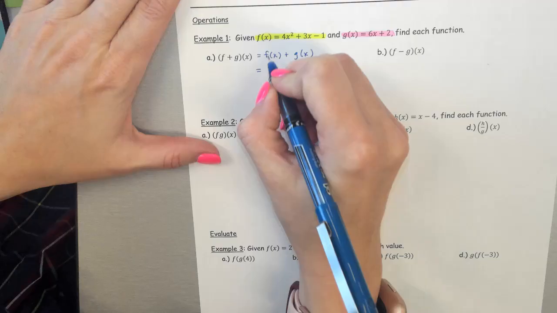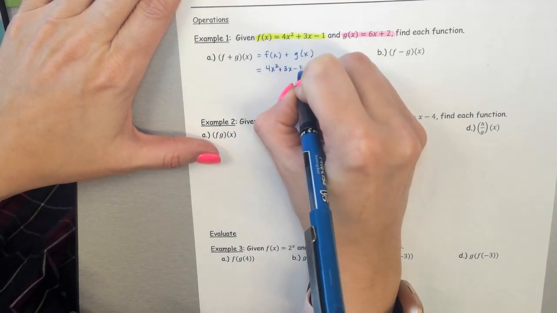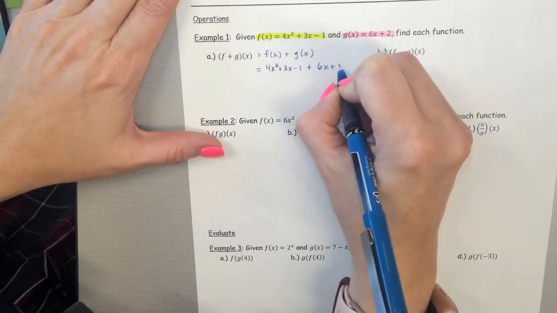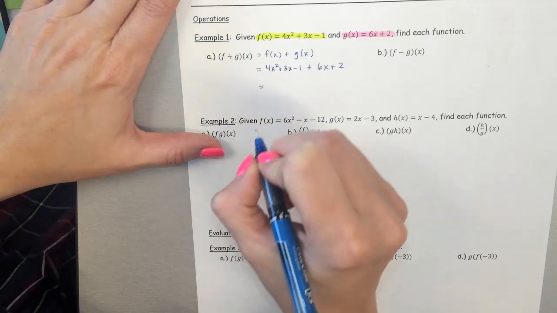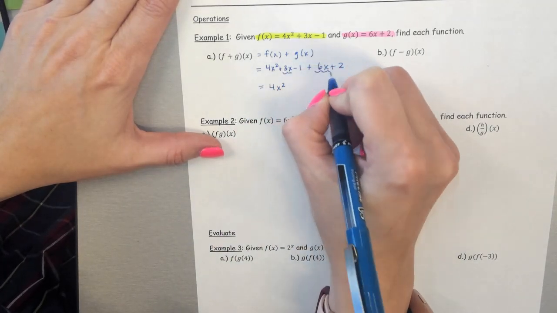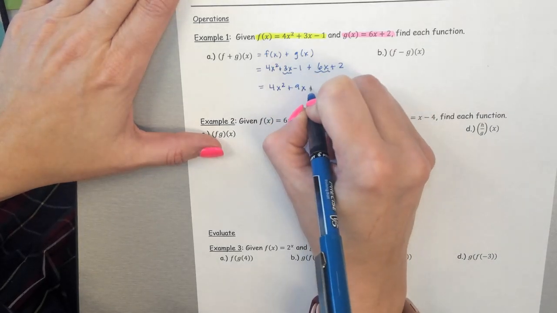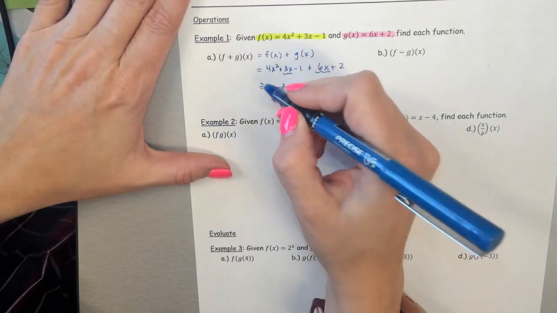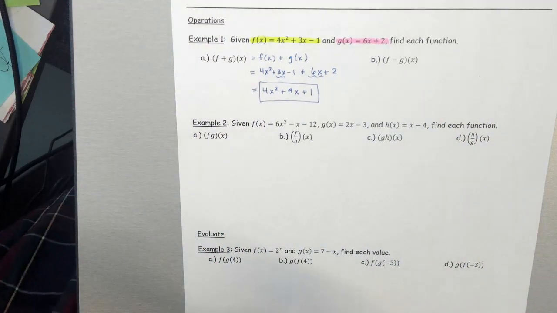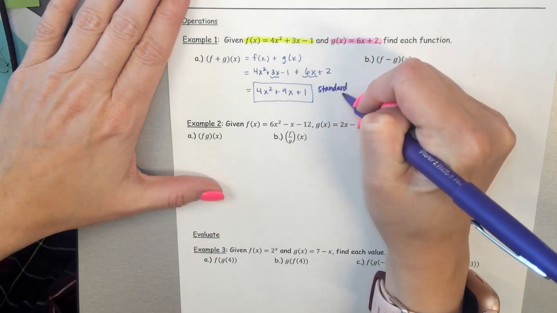If you're unsure how to get started, we are plugging in this function, and we are plugging in the function of g of x, and then all we have to do is combine like terms. So we have 4x squared, 3x plus 6x to get 9x, and then negative 1 plus 2 is going to be a positive 1. And when you're doing this, of course, you still want your solutions in standard form.